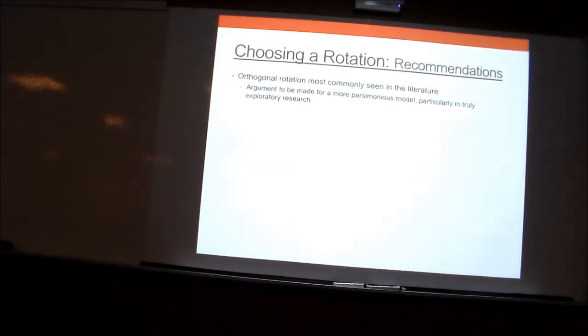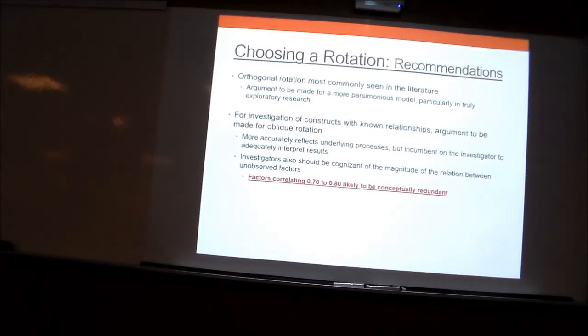Okay, so choosing a rotation. Orthogonal, even though it doesn't map on, is generally the most common that we see in the literature. It gives us a parsimonious model, especially in truly exploratory stuff. If it's truly exploratory, you really don't know what you've got, which is kind of a weird thing, because you probably have some idea to start out with, or some guesses.